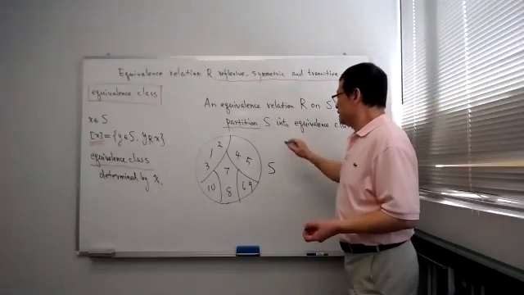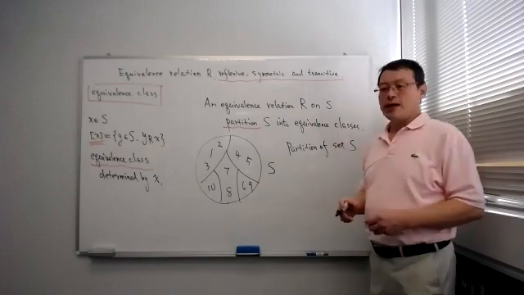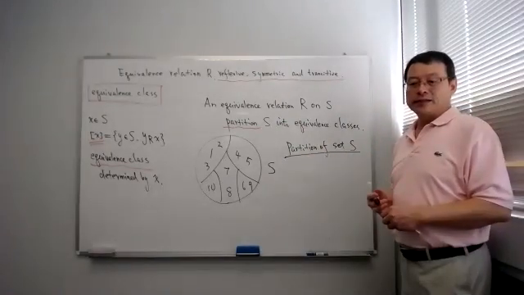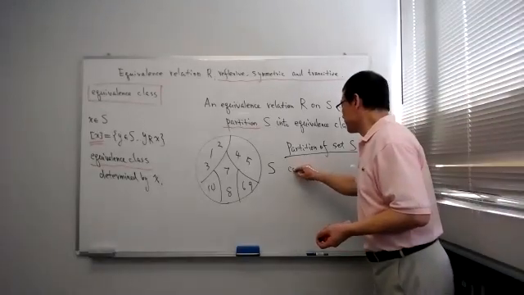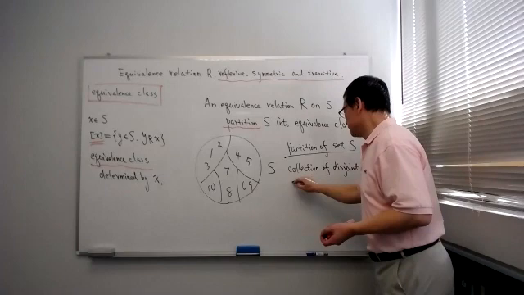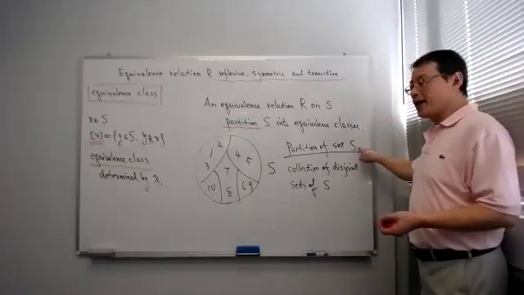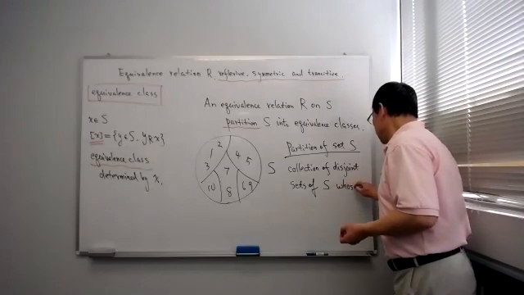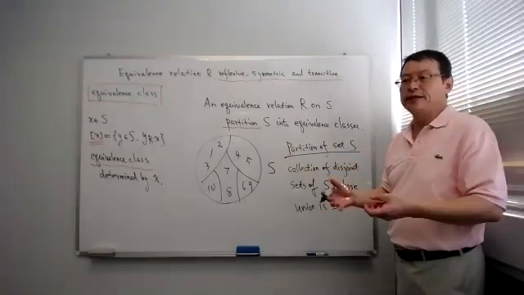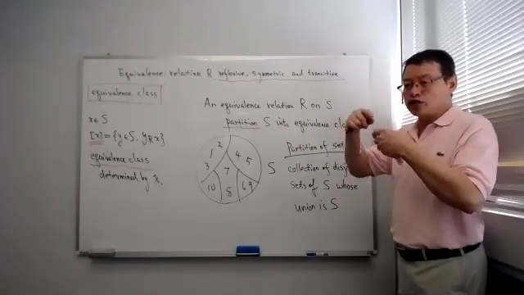A partition of a set is a collection of disjoint subsets of S whose union is exactly S. We partition into different subsets such that for any two subsets, the intersection is empty, so they do not share elements.